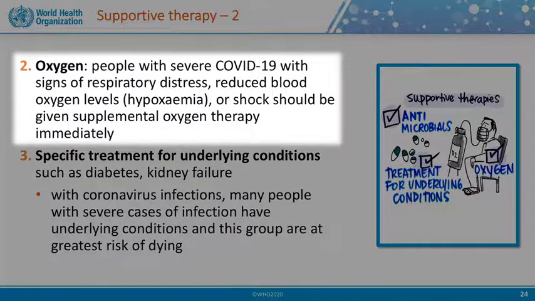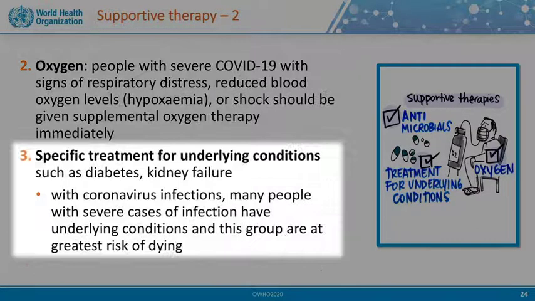People with severe nCoV with signs of respiratory distress, reduced blood oxygen levels, or shock should be given supplementary oxygen therapy immediately. 3. Specific therapies for underlying conditions such as diabetes, kidney failure. With coronavirus infections, many people with severe cases of infection have underlying conditions, and this group are at greatest risk of dying.